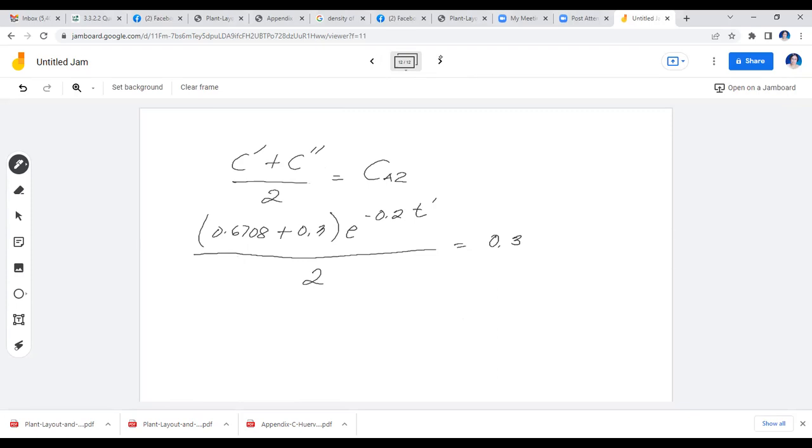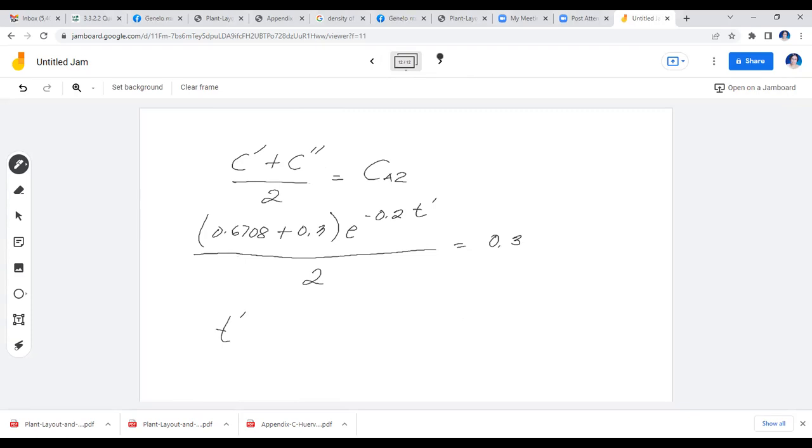So you will have a corresponding time there, the time after the operation of the two tanks was stopped, the time that you need it to operate separately. That way, the average of the two concentrations inside the reactors will be equal to Ca2, which is 0.3.